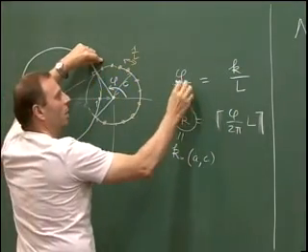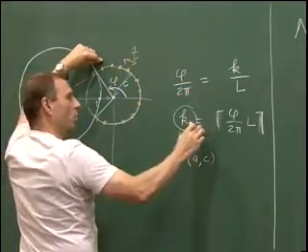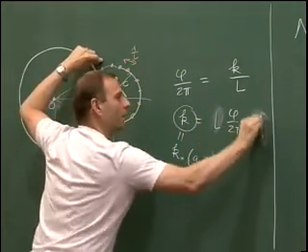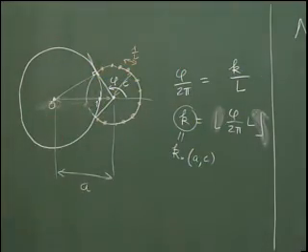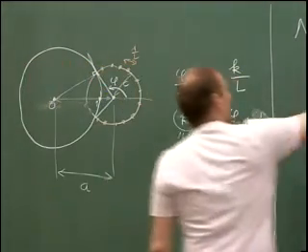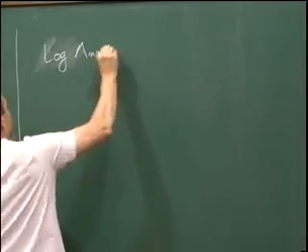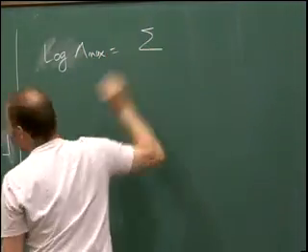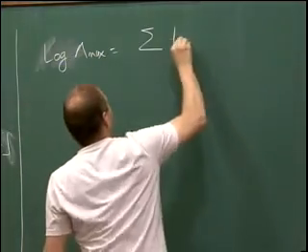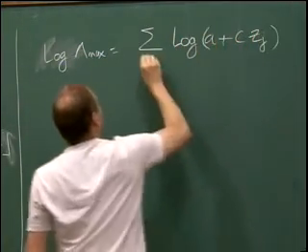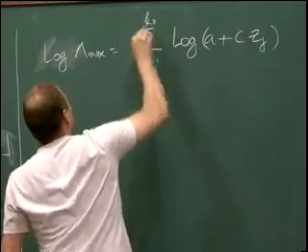So it's smaller or equal. Ah, no, you're right, so it's the integer part. Yes, thank you. So let's write the log of lambda max. It's just the sum of log of A plus C Zj, j equals 1 to k0 now.